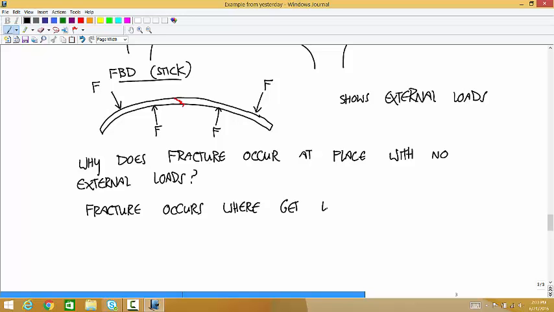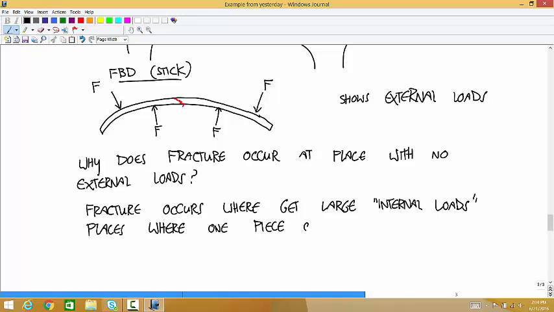So where you get large internal loads. And that means places where one piece of material is applying large loads to the adjacent material.